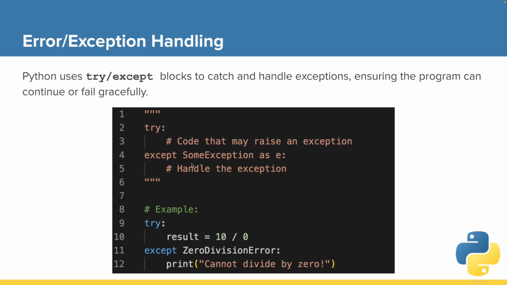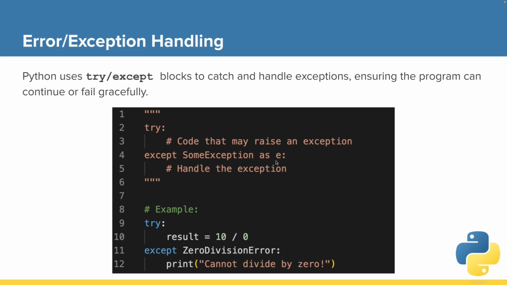We execute that and we do something to handle the exception or to control how that reveals itself. We can create a variable here, some exception or whatever we want to name this, and we can assign that to variable e if we'd like, and then we could say print e.